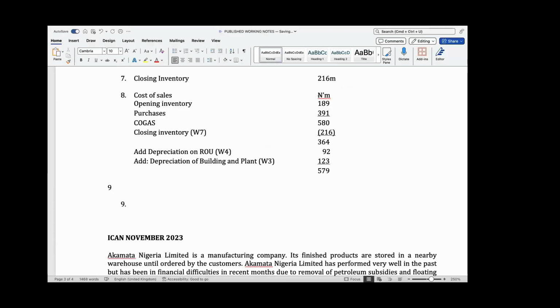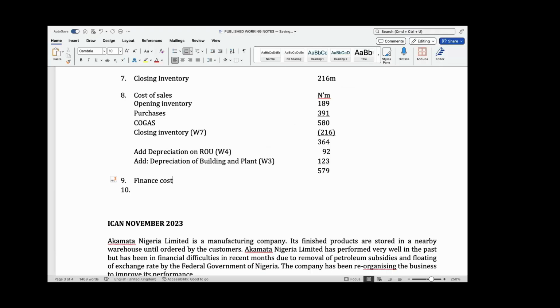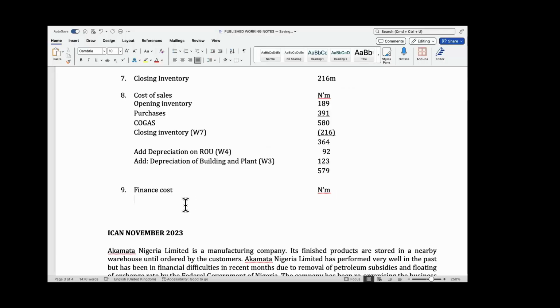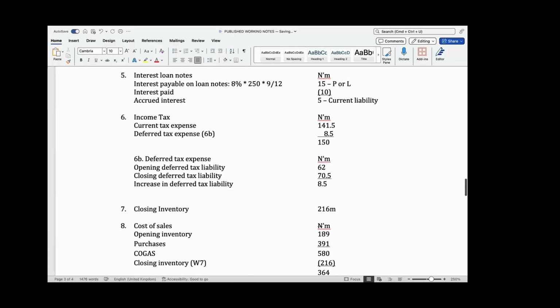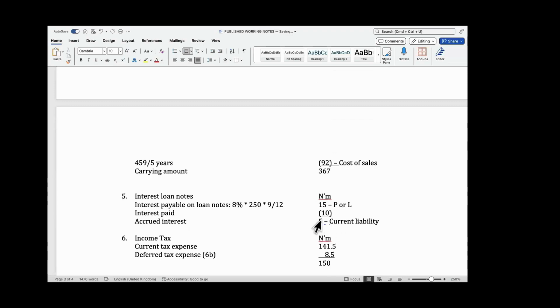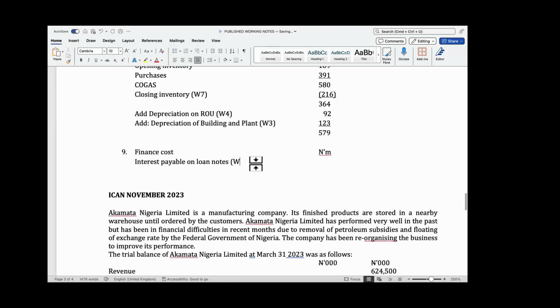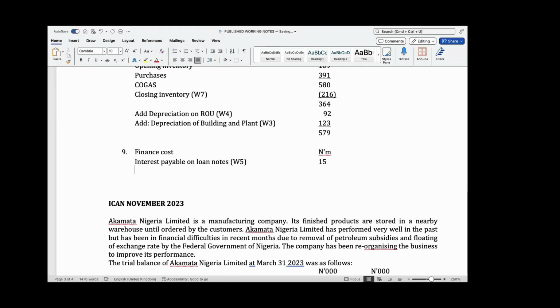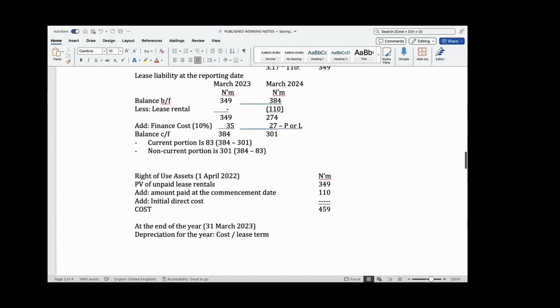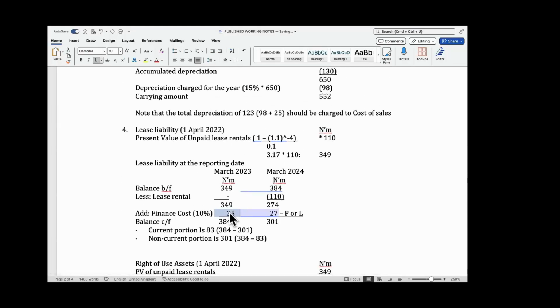I will have the interest payable on loan notes from workings 5, this 15, and also my lease interest from workings 4, which is this 35.